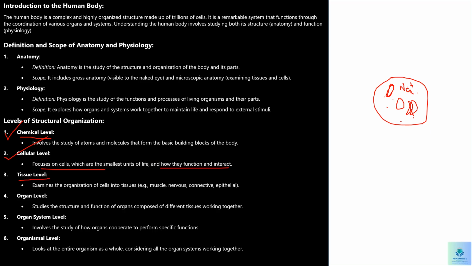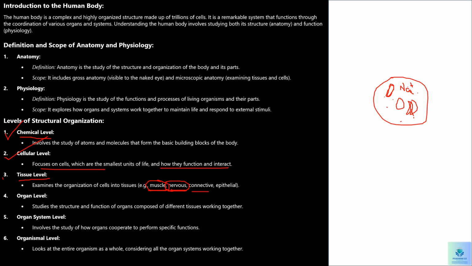For example, if we join muscle cells, then we will get muscle tissue. Likewise, if we join several neurons, then we will get nervous tissue. Like this, the same kind of cells form a cluster, and that cluster performs the same or a similar kind of function.